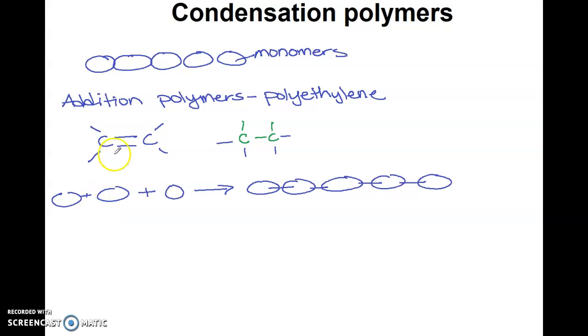In that case, we're not adding across a double bond; we are joining them together through the loss of a smaller molecule, and typically that is water, another part of that name. So not only are we condensing them into smaller structures, we're doing so through the loss of a smaller molecule, which is typically water.